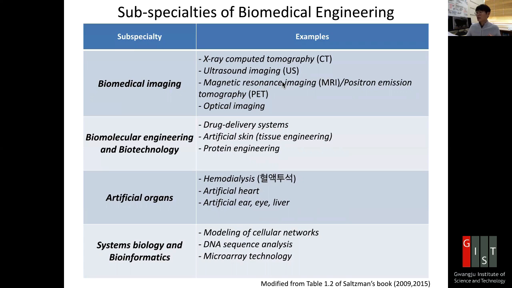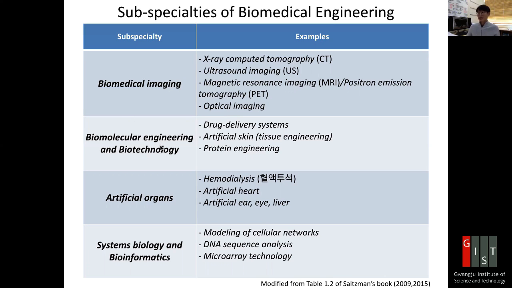And MRI and positron emission tomography are examples. And another example is optical imaging. For example, endoscopy of the upper gastrointestinal tract or lower gastrointestinal tract, which is now a routine examination for health check.